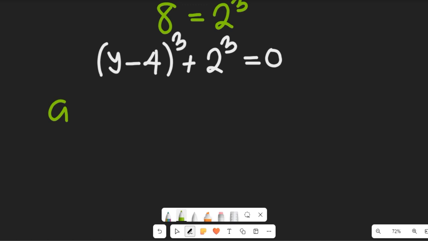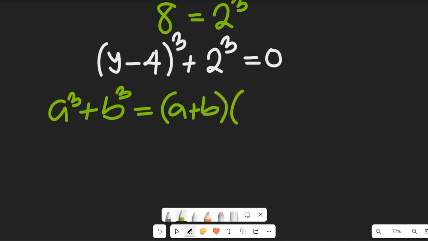We will have a^3 + b^3, which is equal to (a + b), and this will be (a^2 - ab + b^2). You recall this?